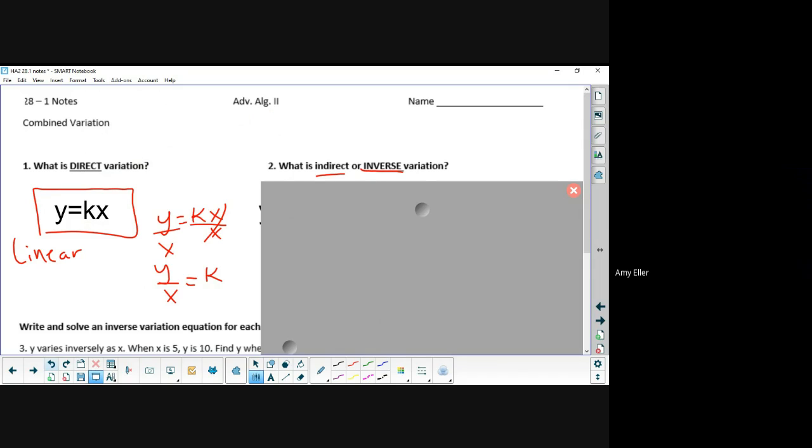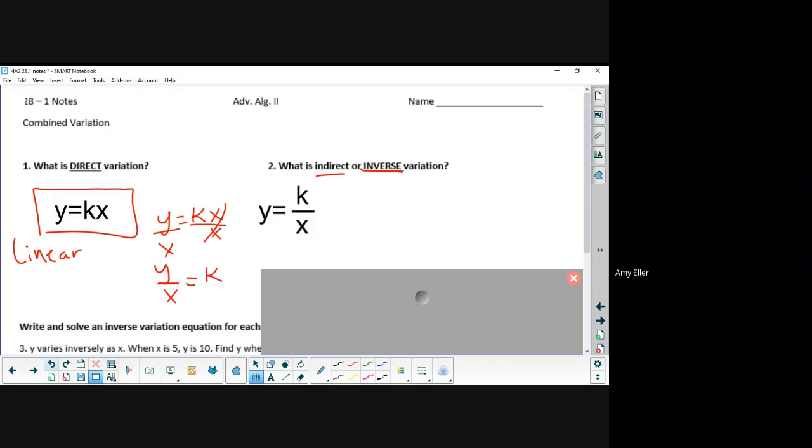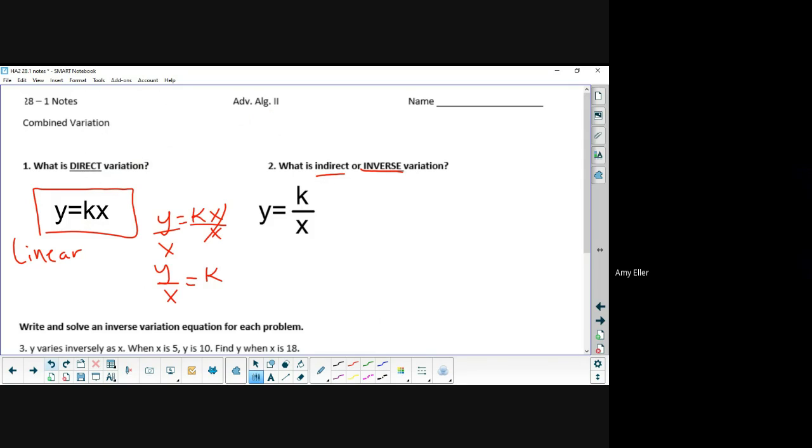Indirect, or some call it inverse variation, is this. Y equals k over x. Let me give you a generic one. Let's say I have this, and let's say my constant is 4. Is that going to be linear?